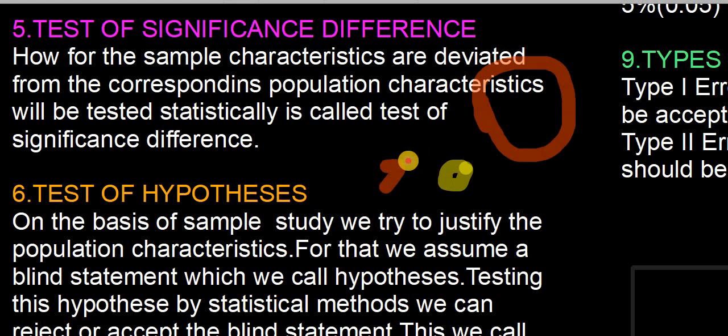Suppose we find x bar for this sample. Is this x bar the same for the population also, or does a different value come? Like that, are there deviations between the sample mean and population mean, or the sample standard deviation and the population standard deviation? Is there any difference between the characteristics of the sample and the characteristics of the population? Or does the sample mean equal the population mean? That difference we are studying, and that is called test of significance.